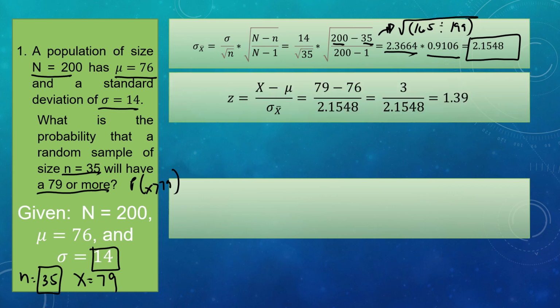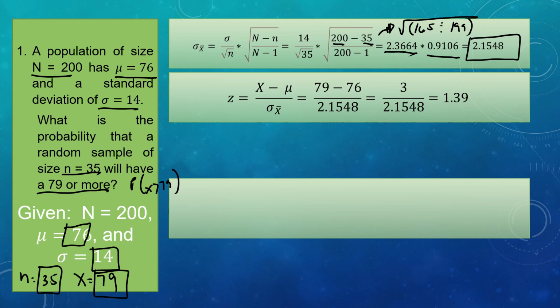The second step is to apply the formula for finding the z value. z is equal to x bar minus mu all over sigma sub x bar. By substitution, x bar is 79 and mu is 76, all over sigma sub x bar, which is your answer in the first step, 2.1548.